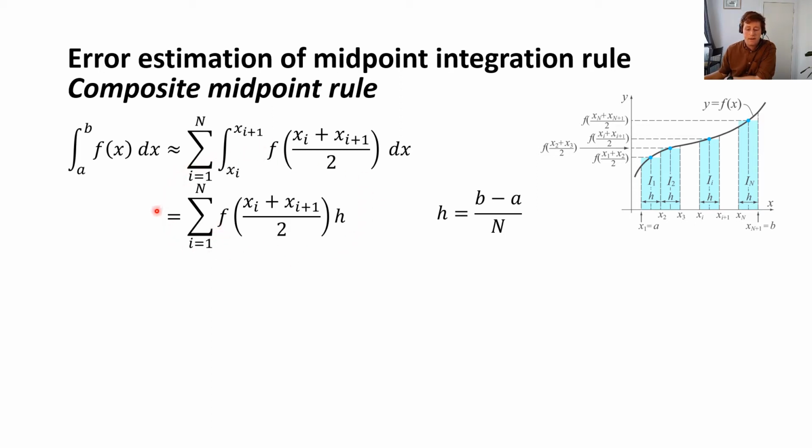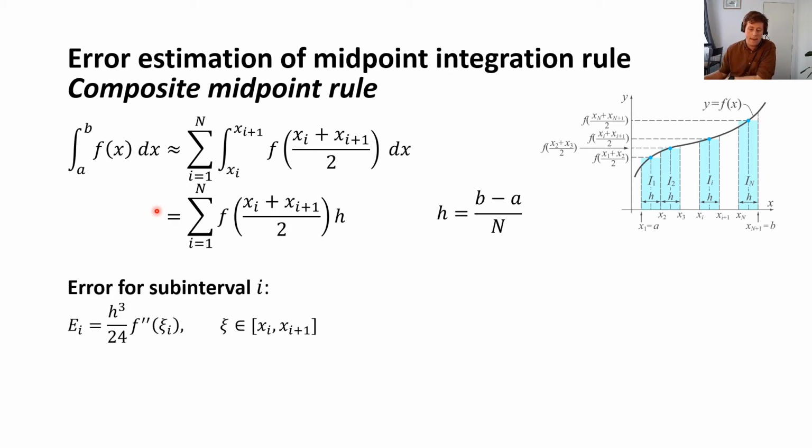Okay, so let's turn to an analysis of the error here. And let's first look at the error for a subinterval with index i, let's say. For such a subinterval, we can simply repeat exactly the same analysis as we did for the total midpoint rule, so for a single midpoint rule over a single interval, because the concepts are completely the same.